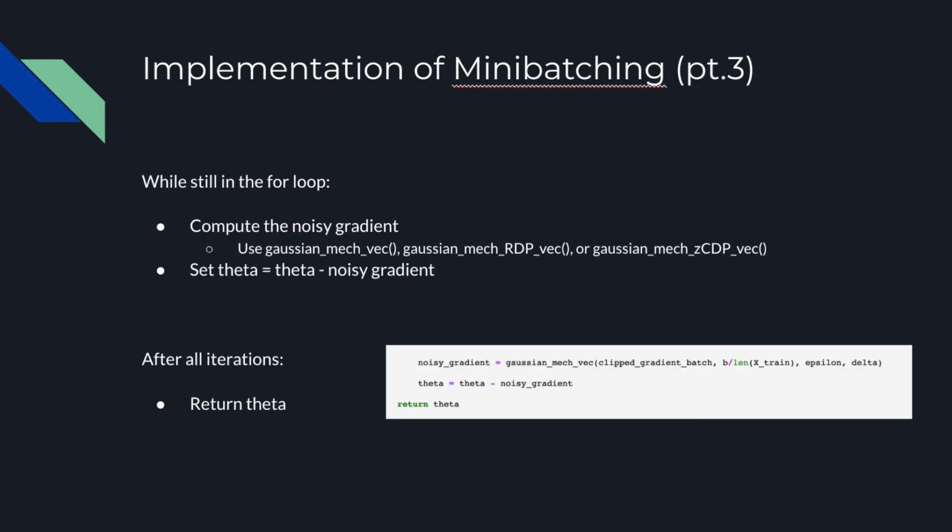Once I had the mean of the clipped gradients, I used the mean to compute the noisy gradient. When computing the noisy gradient, you had to decide between 3 functions depending on what kind of differential privacy you were using. After that, you set theta equal to theta minus the noisy gradient. And once the program has run through all the iterations, you return your theta value.